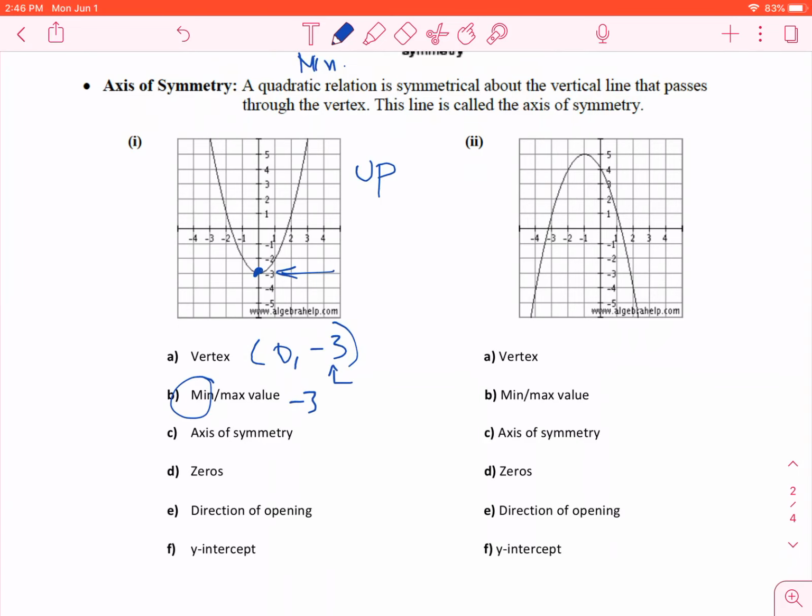So our min value is at -3. Your axis of symmetry, remember, is that dotted line that goes down the symmetrical part of your parabola. So in this case, the dotted line would go down x equals 0. And you'll notice that's also actually the x part of your vertex. They should match, always.